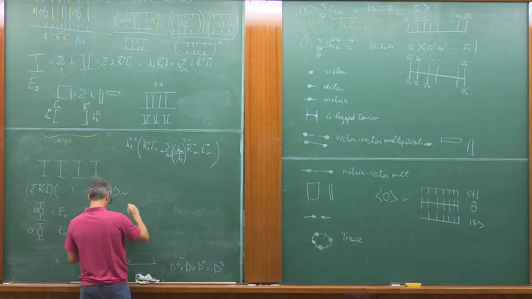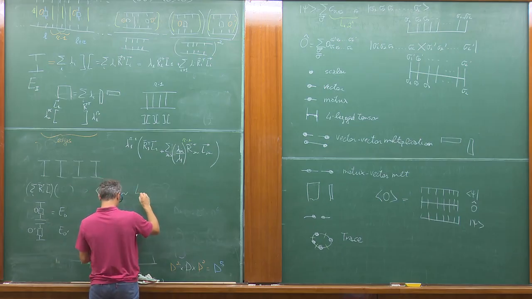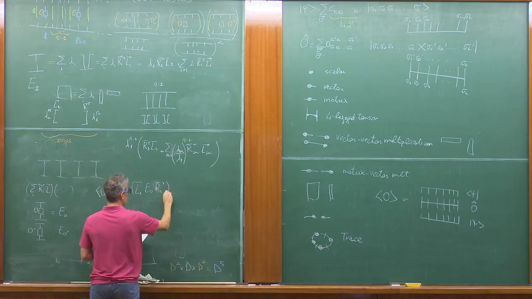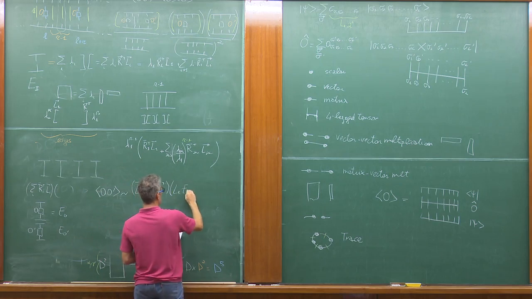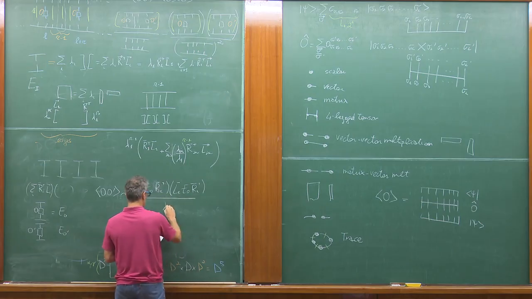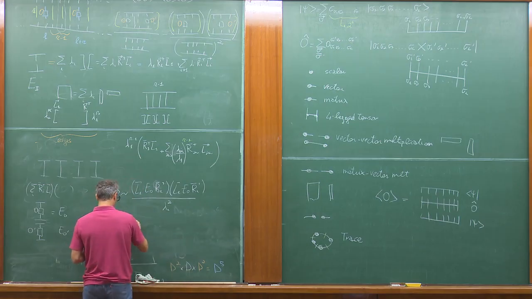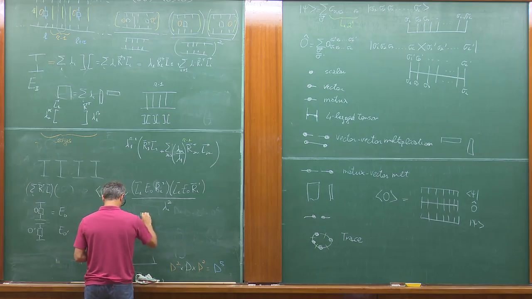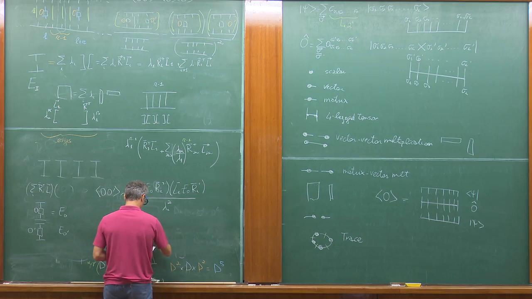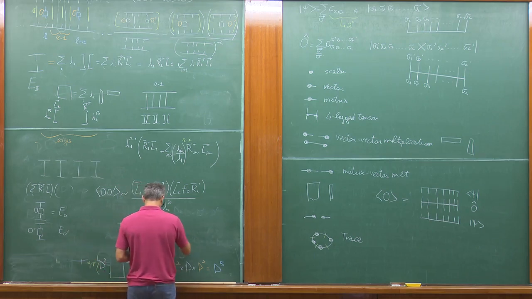So first, this would be approximated by this, L1 E_O R1, L1 E_O R1. Okay, I've written the expression and I will explain it.